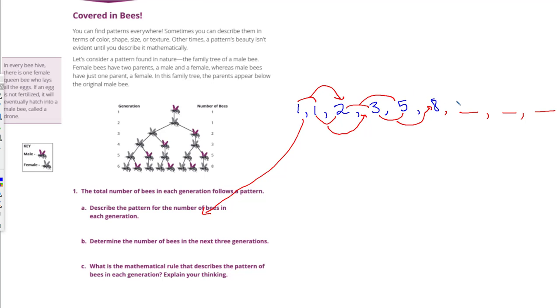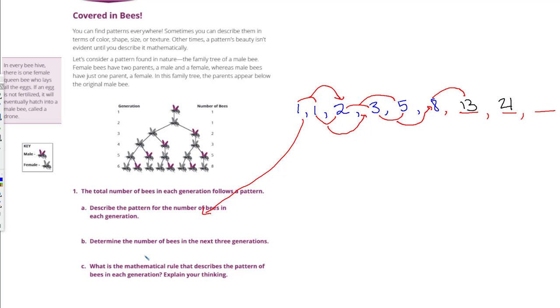So 5 plus 8 is 13. And so I'm going to take 8 plus 13, and that's going to give me 21, and that's my next.